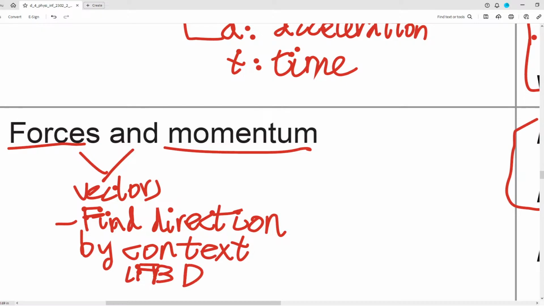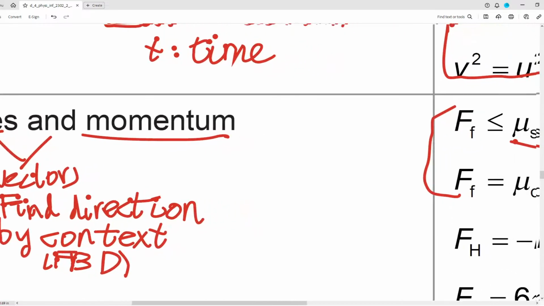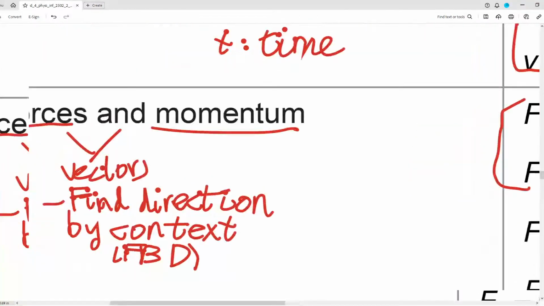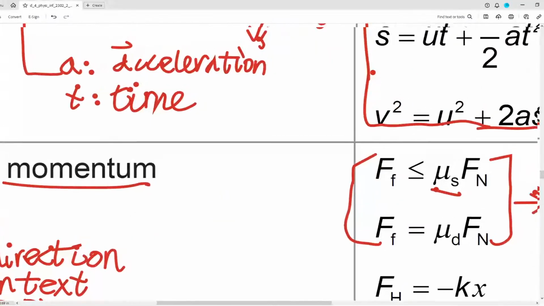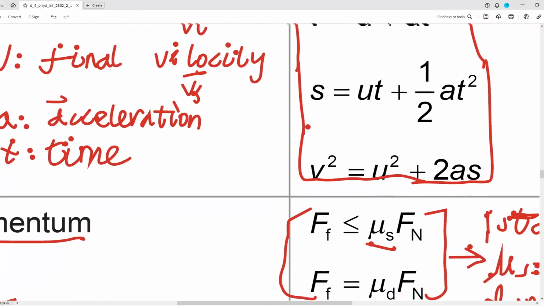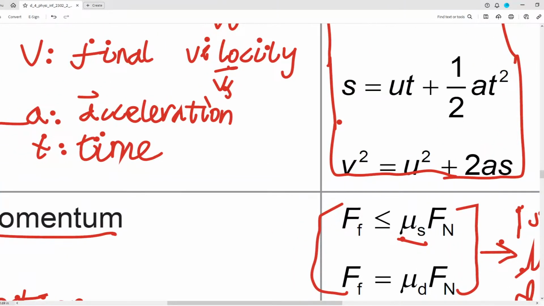Draw FBDs. Often you're not required to draw an FBD for your IB exam, but it's still a good idea to do so. My handwriting is bad because somehow the pen is not working as well as I thought. All right, let me zoom in.